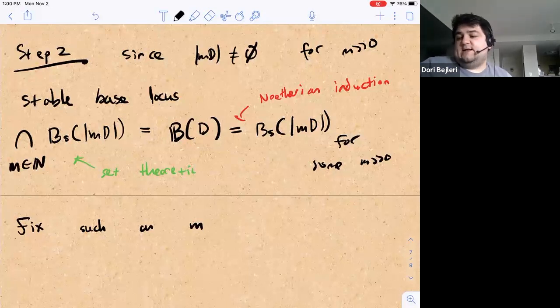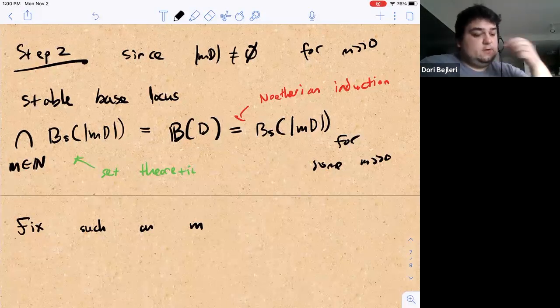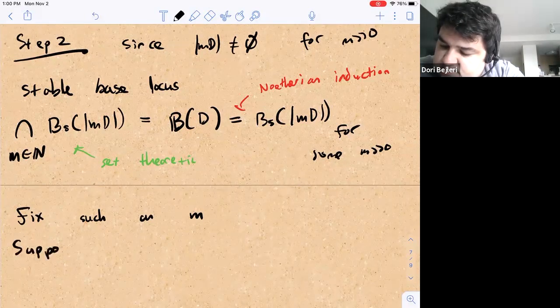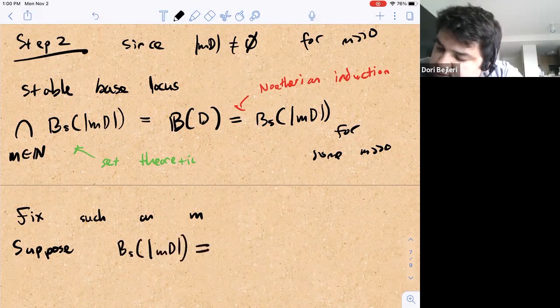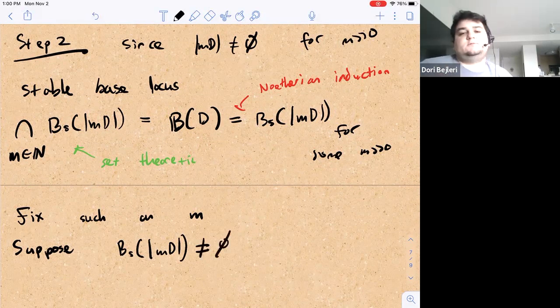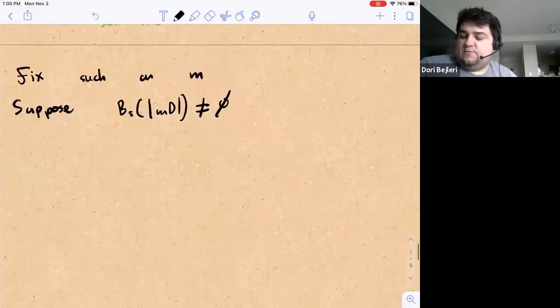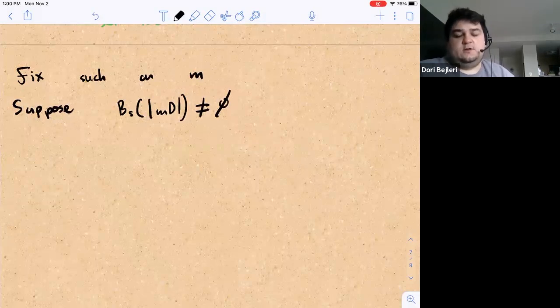And now what we want to show is that this base locus is empty, because that will tell us that it's base point free for a large enough M. So let's suppose otherwise. So let's suppose that the base locus of this large enough M where everything's stabilized is not empty. Now we can use this particular M to pick our log resolution as we wanted to in our strategy.